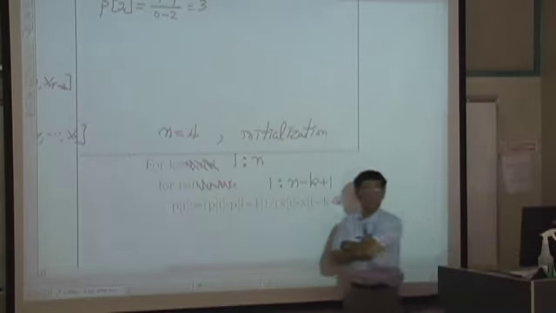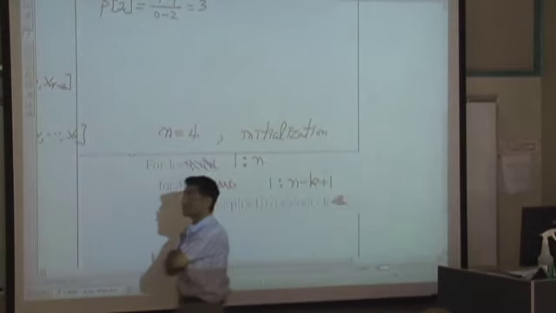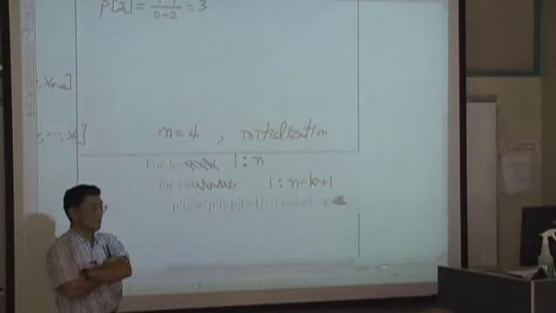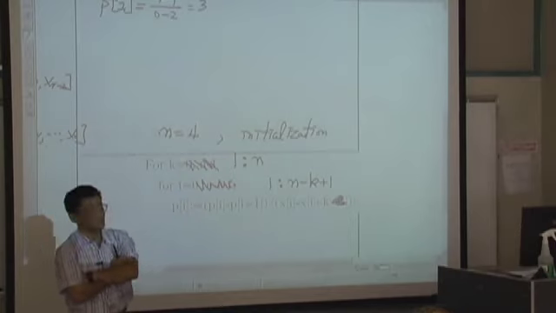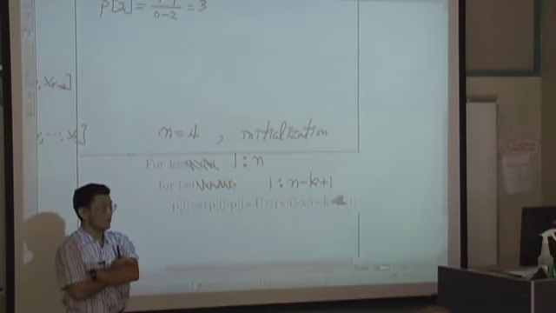N equals 4. Zero-based index determined n. If there are 4 points, then n was 4. There are 5 points, n was 4, because 0, and then total 1 through 4.